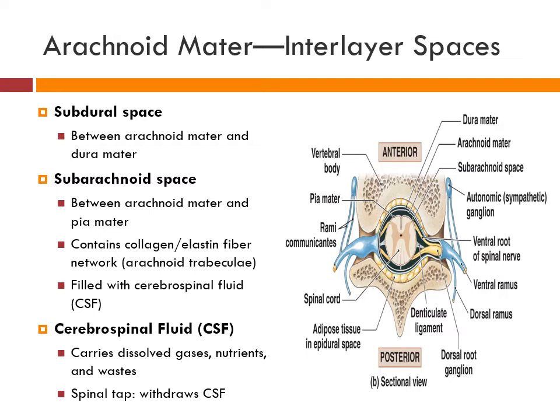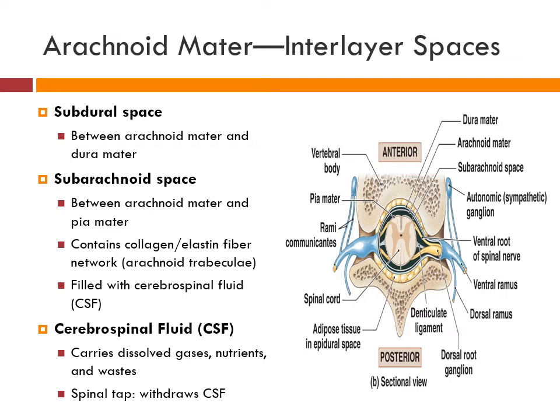The subdural space is the space between the dura mater and the arachnoid mater. So epidural is outside of the dura, subdural is under the dura. So the subdural space is between the dura mater and the arachnoid mater. The subarachnoid space is the space between the arachnoid mater and the pia mater.